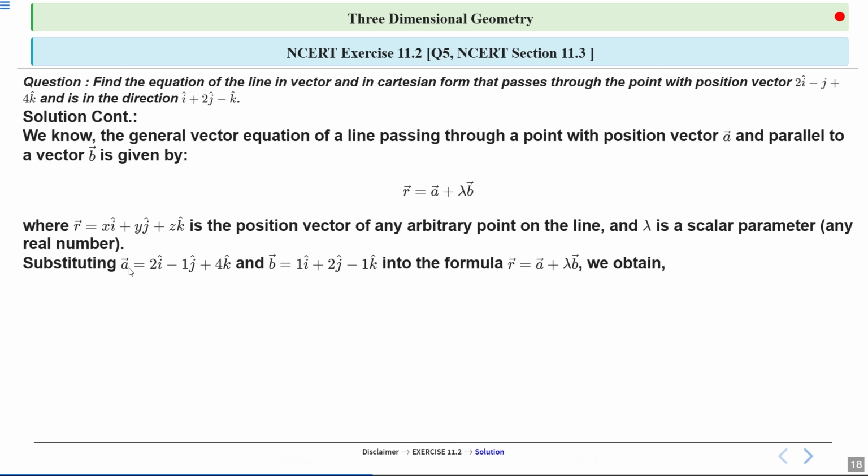Now substituting a equals 2i cap minus j cap plus 4k cap and b equals i cap plus 2j cap minus k cap into the formula, we obtain vector r equals 2i cap minus j cap plus 4k cap plus lambda times (i cap plus 2j cap minus k cap).